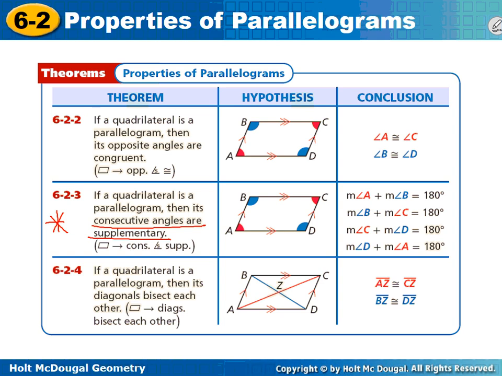Okay, so another property about your parallelogram is right here in your notes. Consecutive angles will be supplementary. So add that to your list. Consecutive angles are supplementary. So every pair of angles side by side should add to be 180.